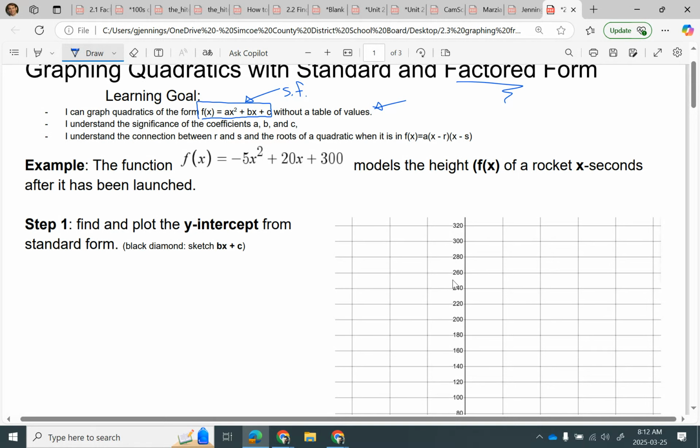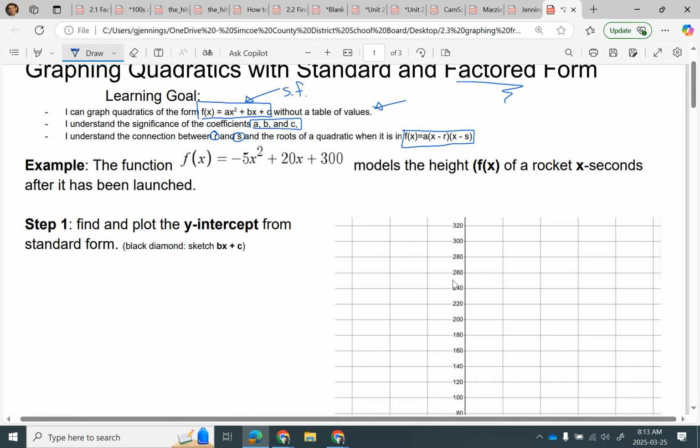In order to do this, you need to understand the significance of the numbers a, b, and c, which are just constants in the equation. We've seen so many examples, different a's, different b's, different c's, and they turn into this form: f of x is equal to a times x minus r times x minus s. So we're going to understand the connection between r and s as well.